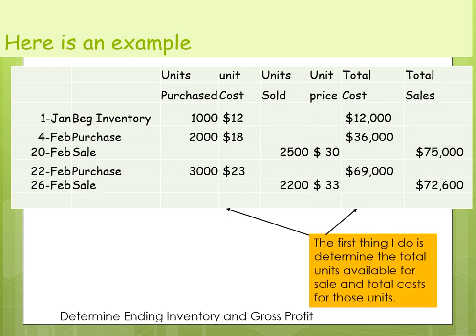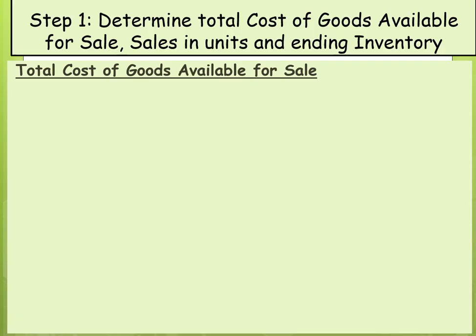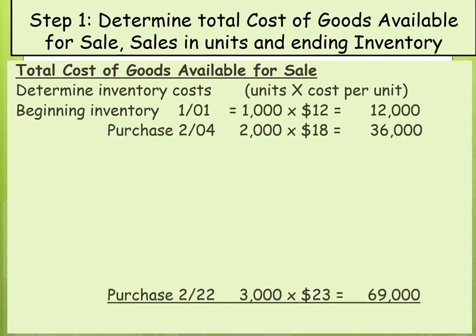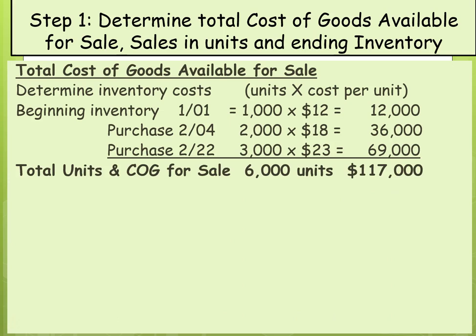So, again, the first thing I like to figure out is my total cost of goods available for sale, total units available for sale, and ending inventory. So I go through and figure out my total cost of goods available for sale and my total units available for sale.